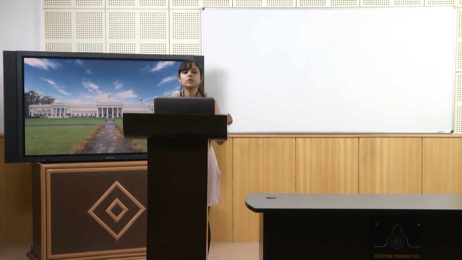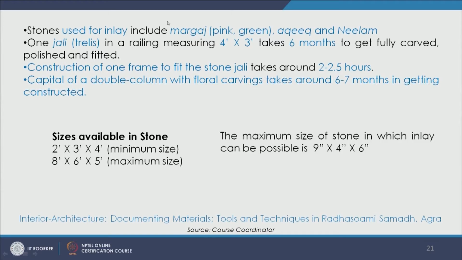Continuing this example, we also tried to learn from the documentation on the site which kinds of stones have been used for carving and inlay, and for a certain dimension of stone, say here in this case a jali, how much time it takes for the carving to be done, for the polish to happen and for the final assembly to happen.